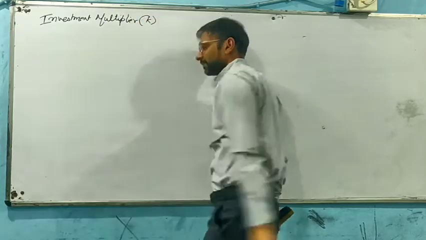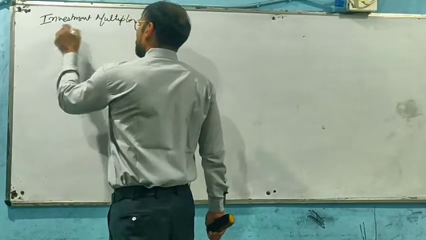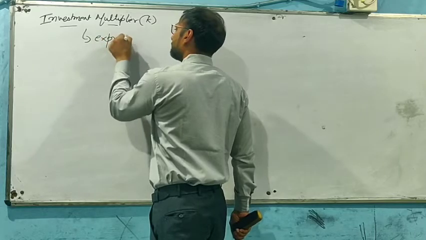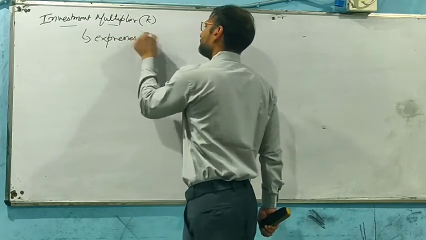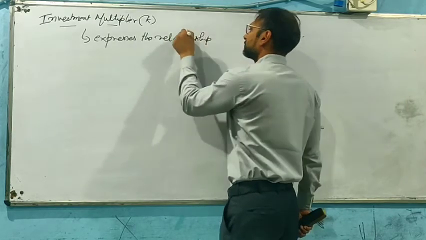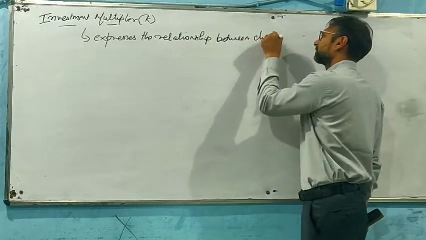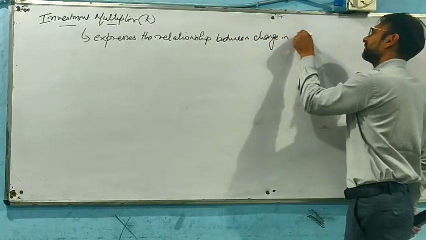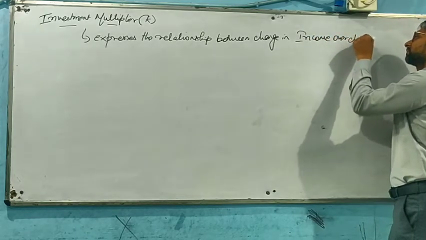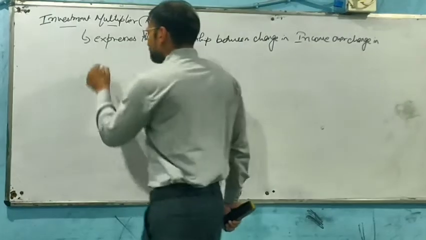Investment multiplier, that is symbolized with the letter K. Now, if we talk about investment multiplier, it basically expresses the relationship between change in income over change in investment.